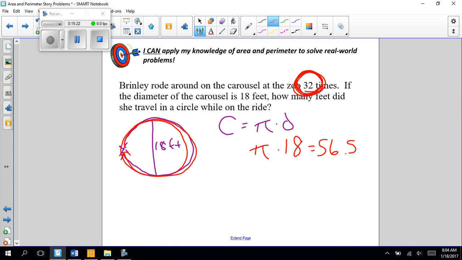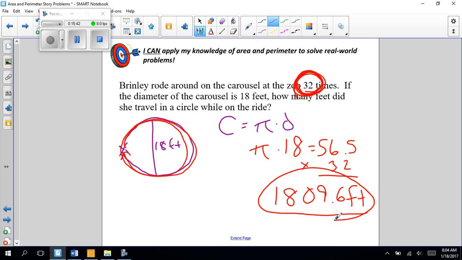Directions say she traveled around 32 times. So if this is one time at 56, I'm going to do this times 32. If I do that times 32, it says she traveled just in that 32 times around 1,809.6 feet. That would be it, folks.